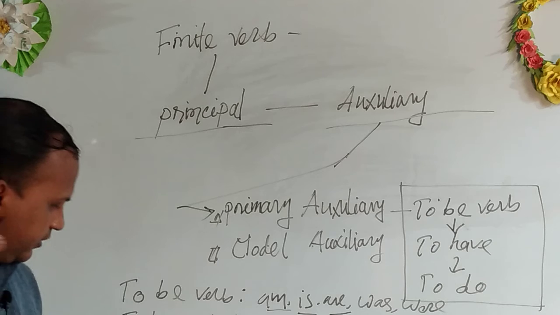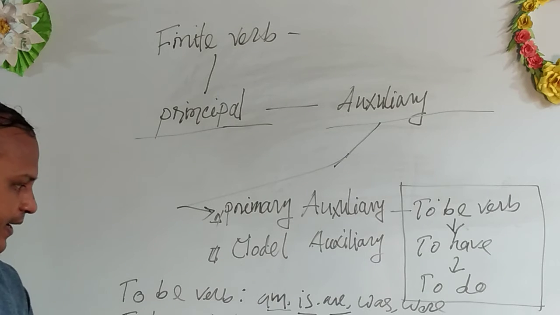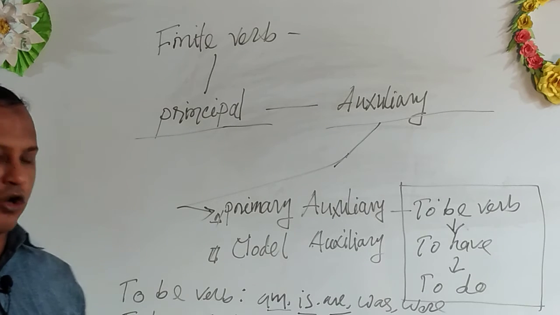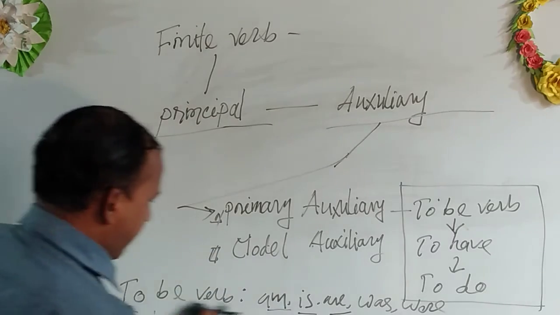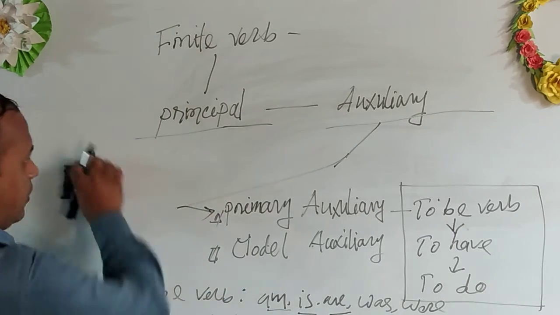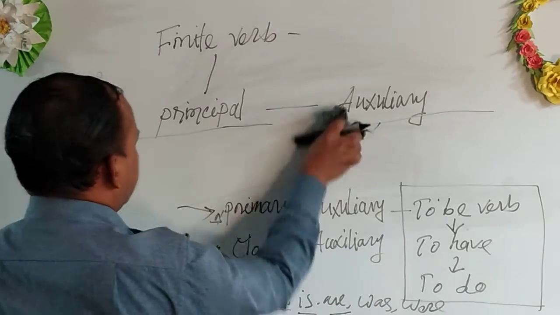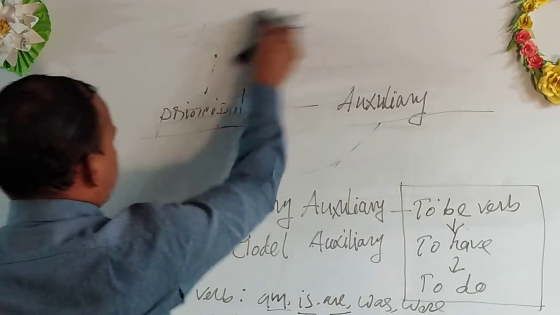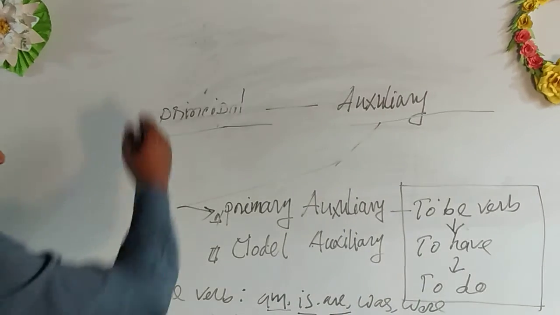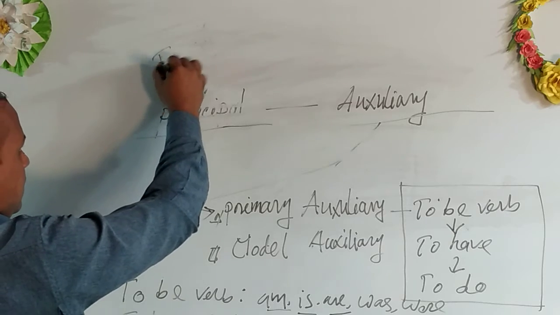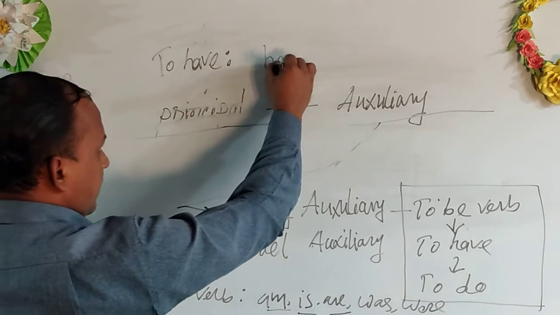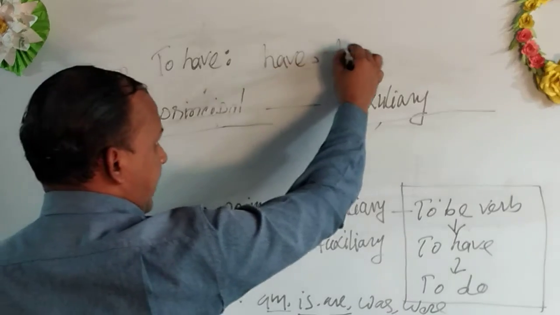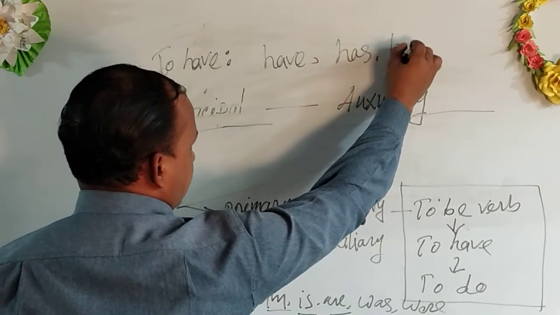Dear student, this is the to have verb consisting of the 3 members have, has, had.